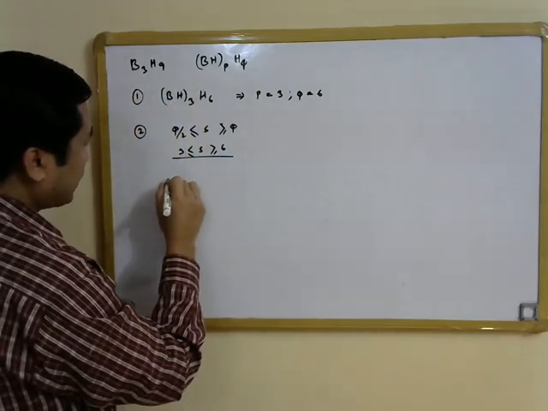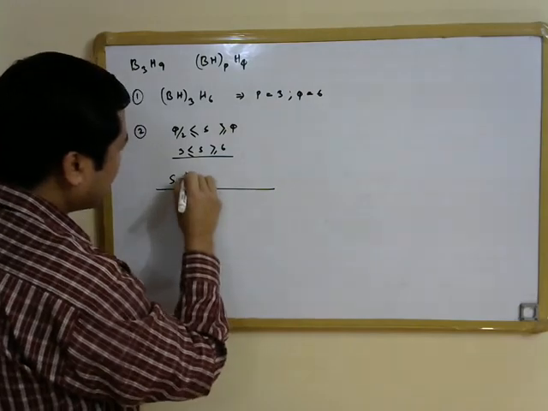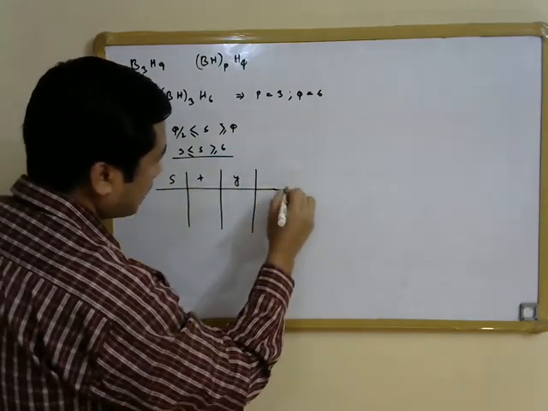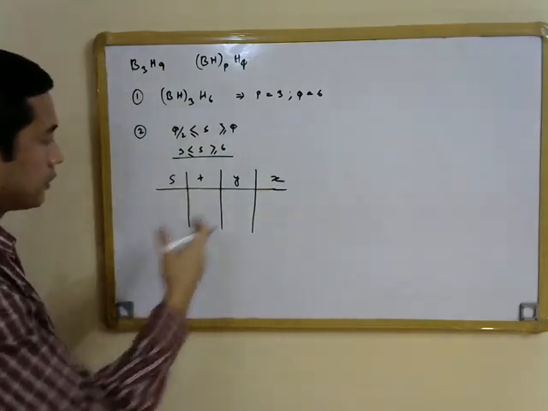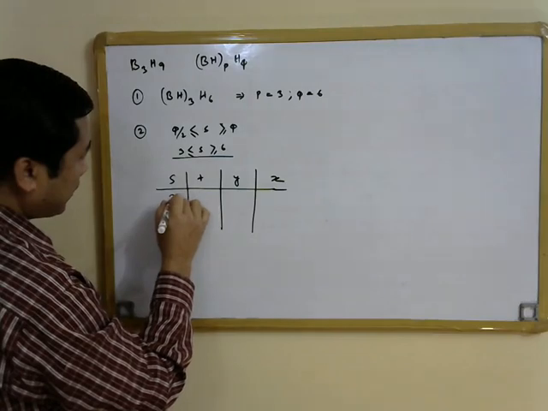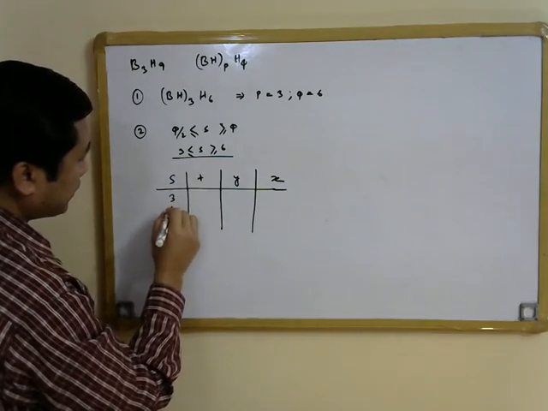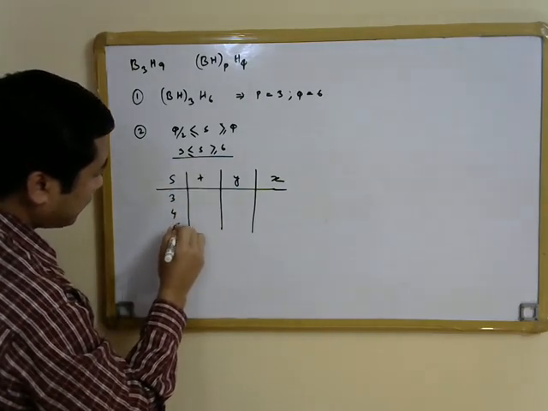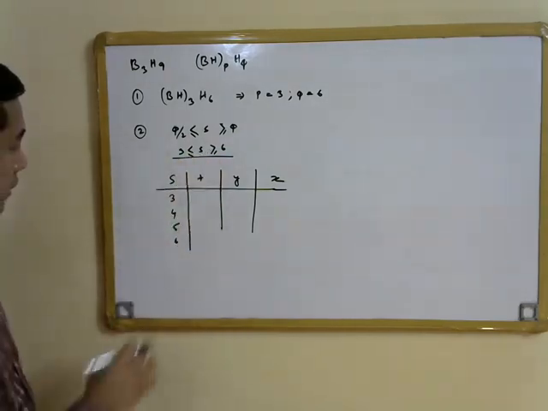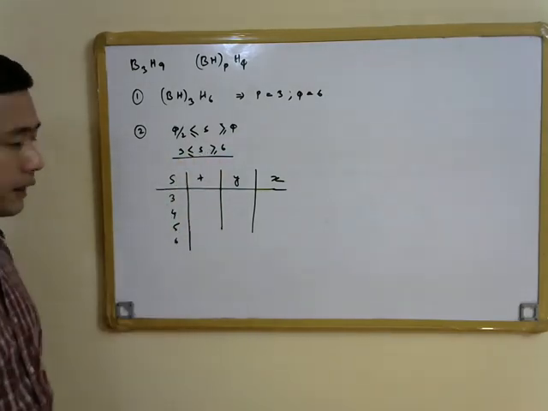So let us list these S values in the form of this table here. We can have S equal to 3, 4, 5 or 6. From this condition we can write different values of S.